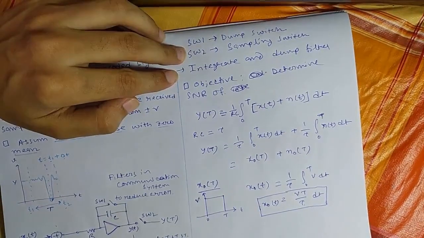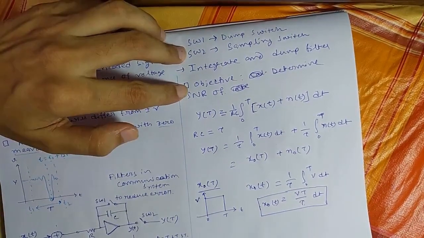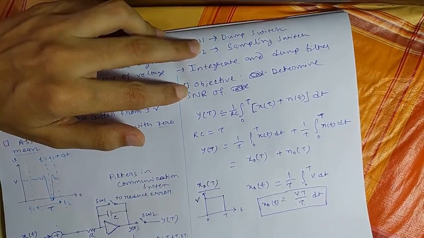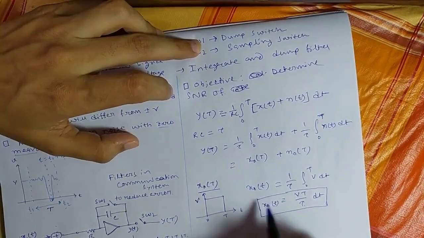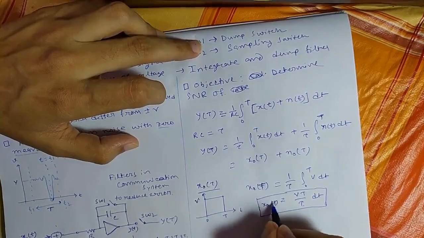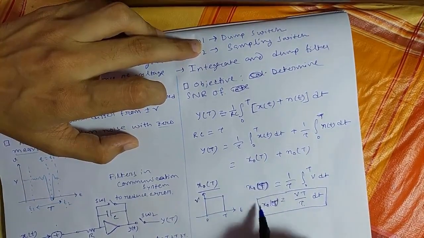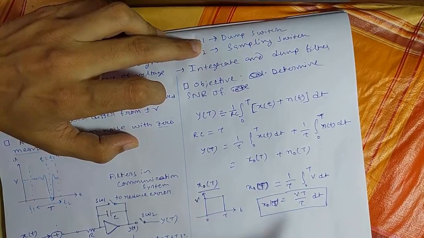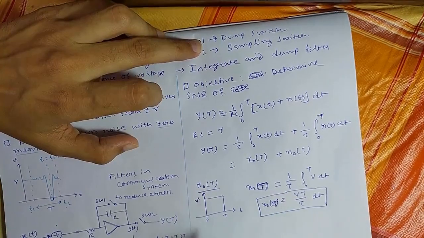Remember, our objective is to determine the signal to noise ratio. The signal to noise ratio is the signal power by the noise power. So once I get the signal value at the output side, x0 capital T, we can square it and get the signal power.